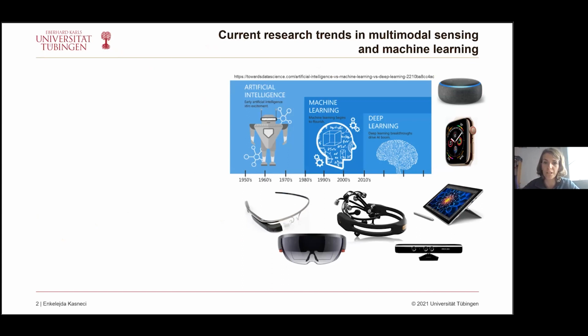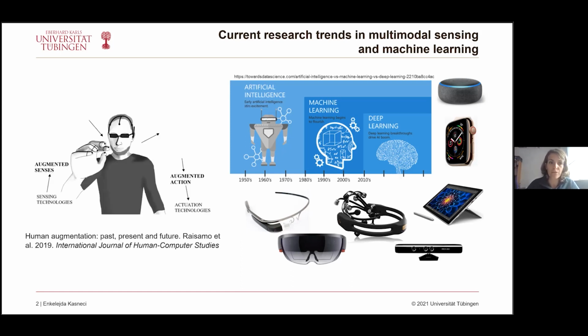We have full body interaction with the Kinect. We have at least some working BCI interfaces, and we have a lot of augmented reality and data glasses coming to market.